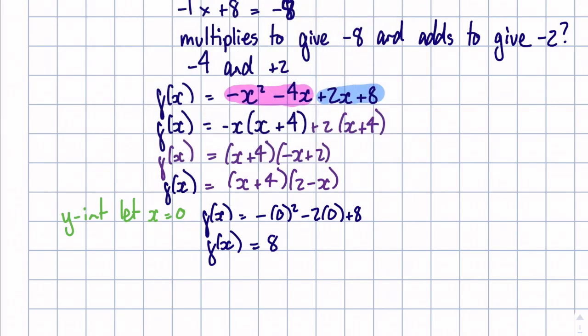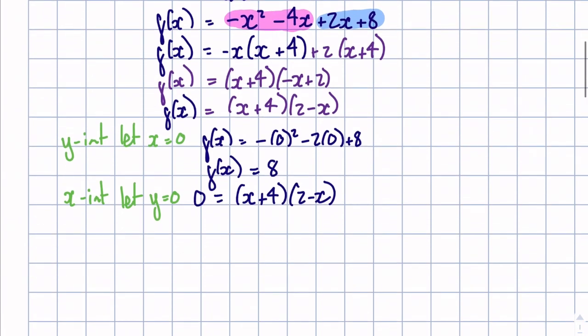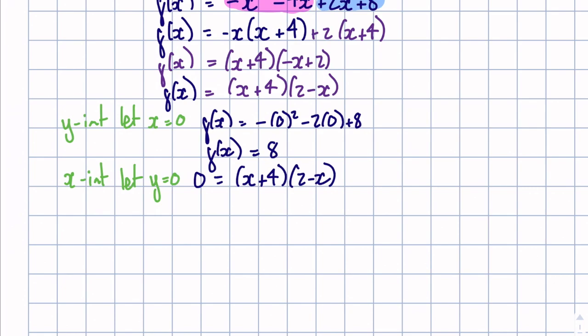Next step, x-intercept, let y equals 0. So this is where, if you hadn't been able to factorize it, you would have just gone straight to the quadratic formula for this step, but we did factorize it, so we know 0 equals x plus 4, 2 take x. You can probably tell straight away from looking at this what the x-intercepts are going to be.